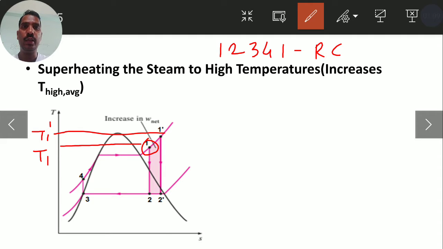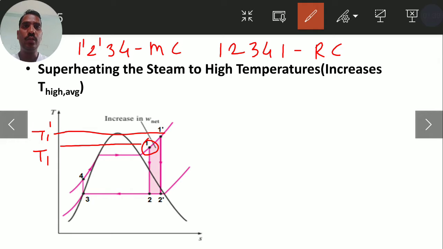So what is the effect of this superheating of the steam on the performance of a Rankine cycle? We are interested in that. So the modified cycle now becomes 1 dash, 2 dash, 3, 4. This is the modified cycle.